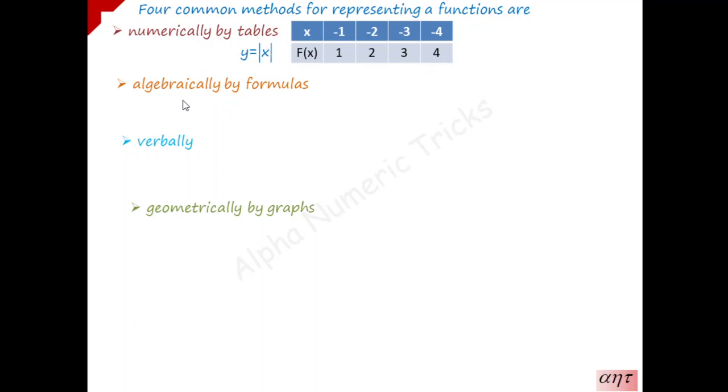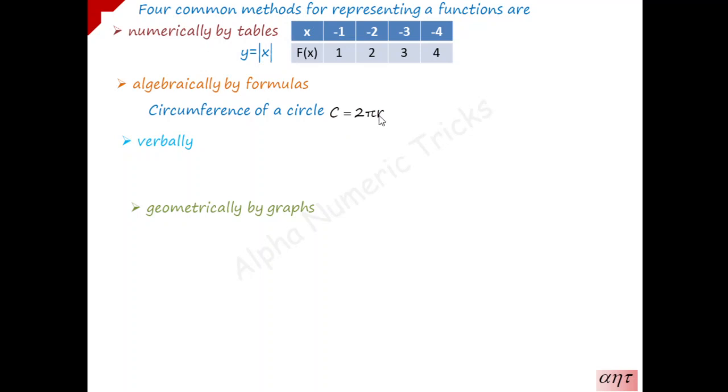Another way is algebraically by formulas. Consider the circumference of a circle. The formula is C is equal to 2 pi r. What is the dependent variable and what is the independent variable? Depending upon the radius, the circumference varies.